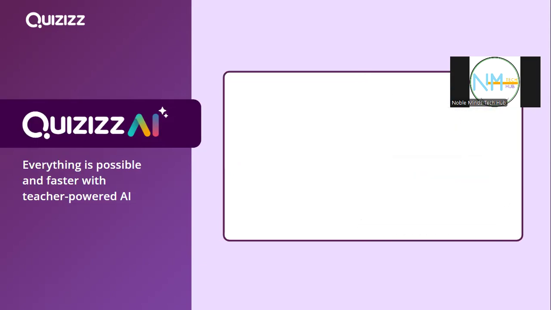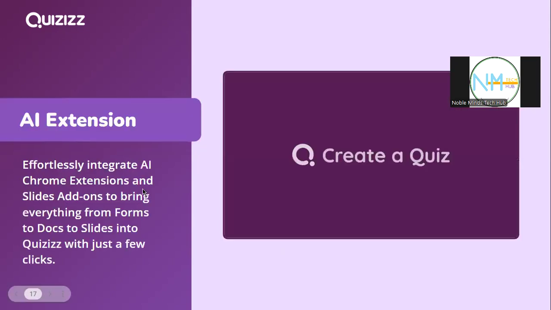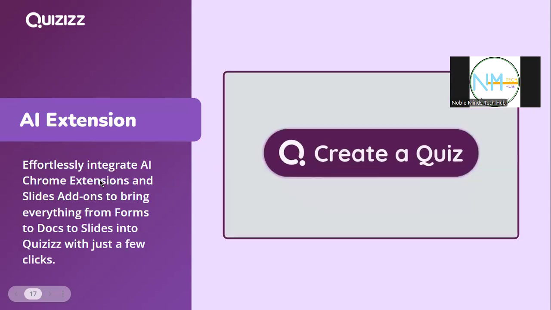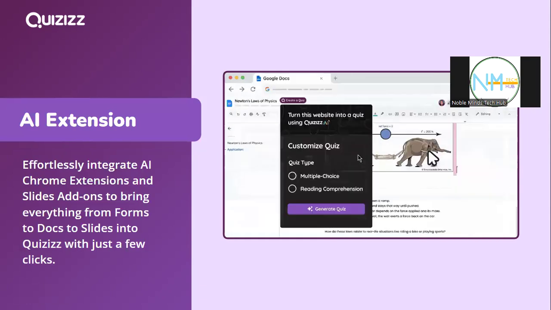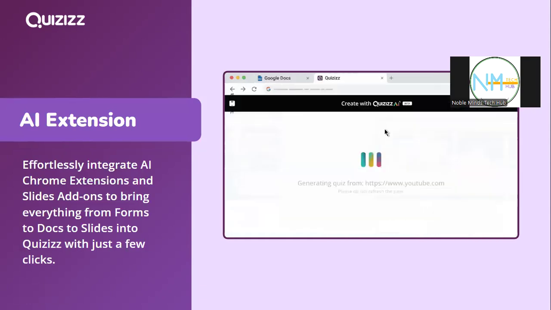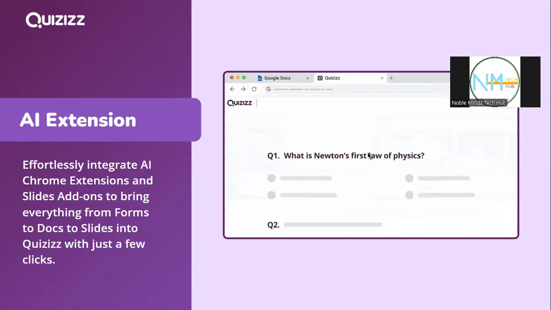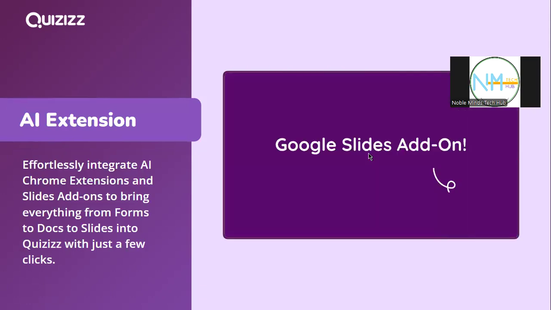Now, the next thing is, how do you get this Quizizz AI? The Quizizz AI has an extension. It's an effortlessly integrated AI Chrome extension. You can even have an extension of this Quizizz AI in your Chrome or in your Microsoft Word, so that even when you are typing a word, you can ask, do you want to create a quiz from here?